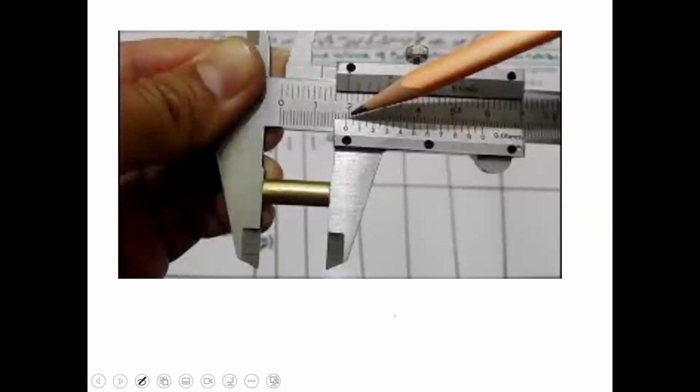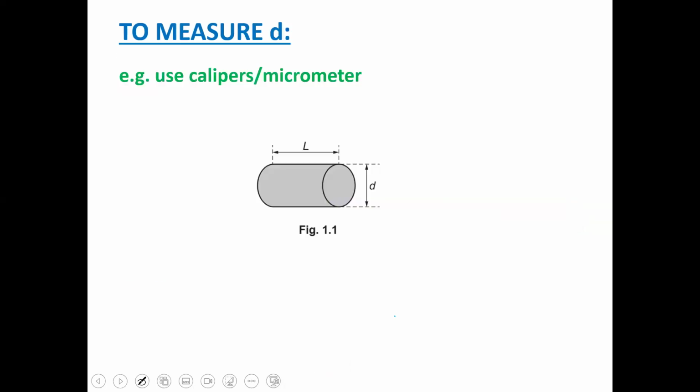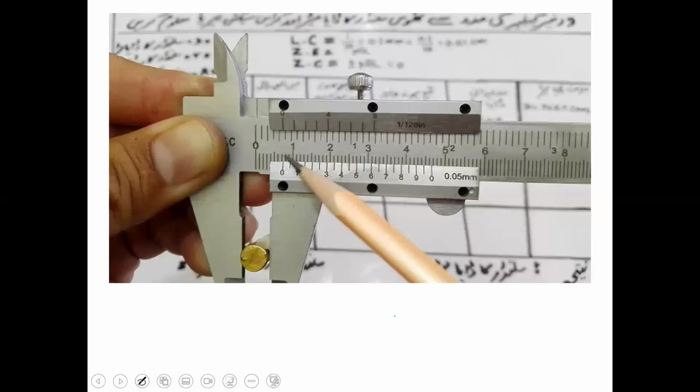Now look at this. This is how I can read the vernier caliper. How do I find the diameter? Look at this apparatus. You can use a caliper or micrometer to find the diameter.